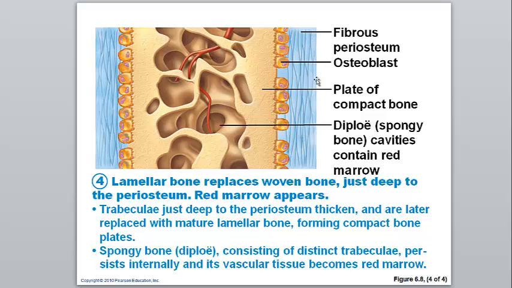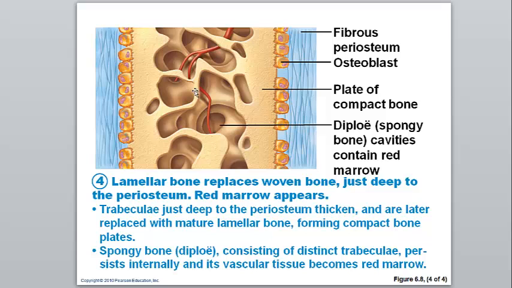The outermost layer of the periosteum is your fibrous layer, and these blood vessels that you see inside the trabeculae later on become your red bone marrow. Hence, the spongy bone contains red bone marrow. Okay, this concludes the formation of the intramembranous ossification process in your body.